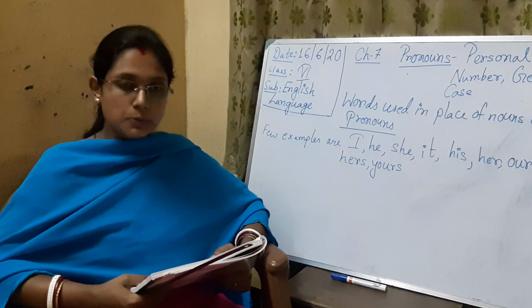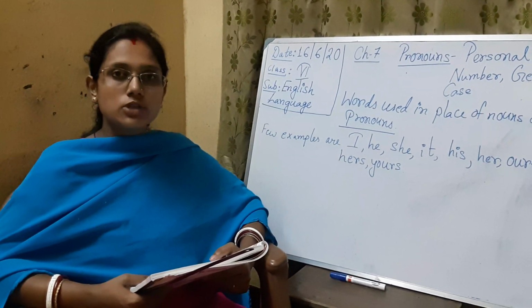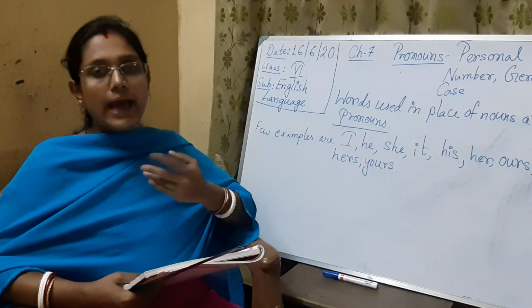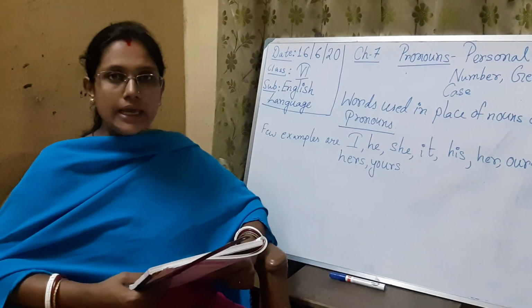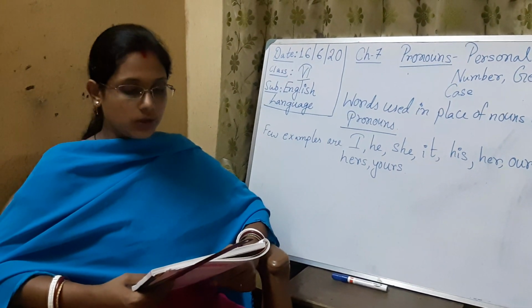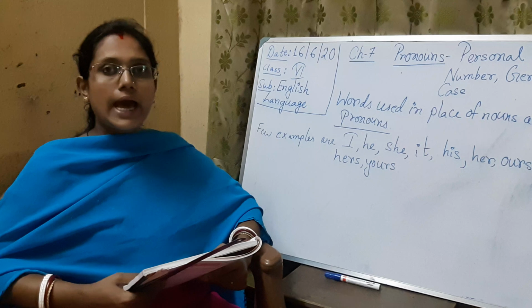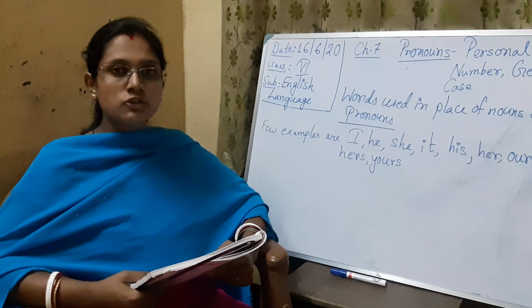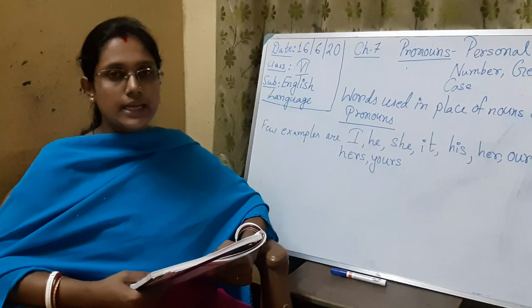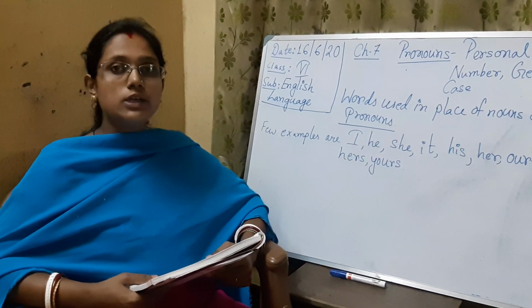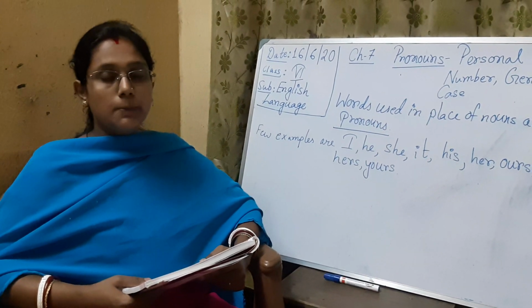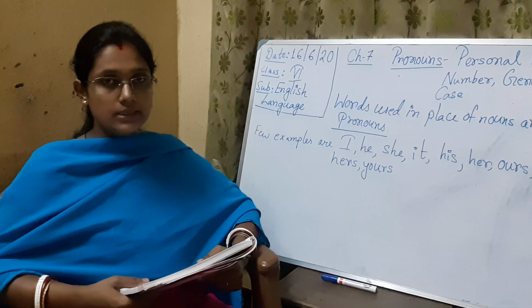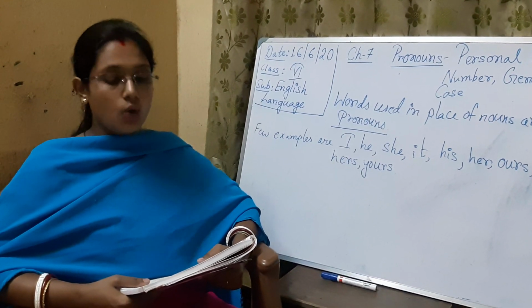Now for the first person, what are the personal pronouns? I and we. Okay. I and we are the first person pronouns. Person spoken to. When we are speaking with some person, the person with whom we are speaking, that is the second person, that is you.